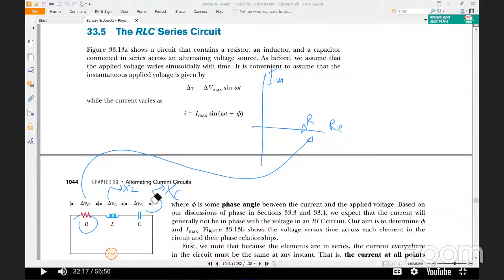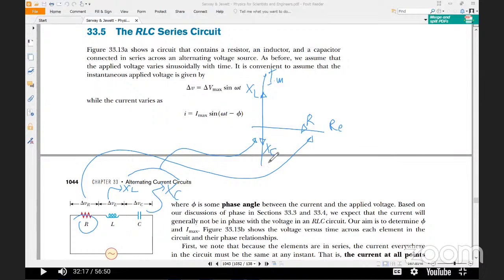And then XL and XC are in the imaginary part. XL is in the positive axis, and then XC is in the minus axis.